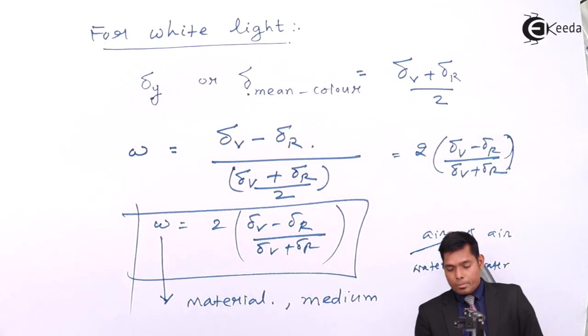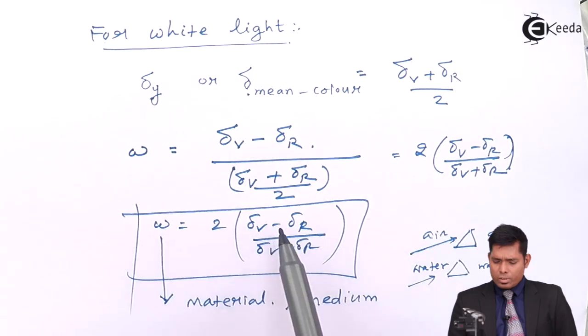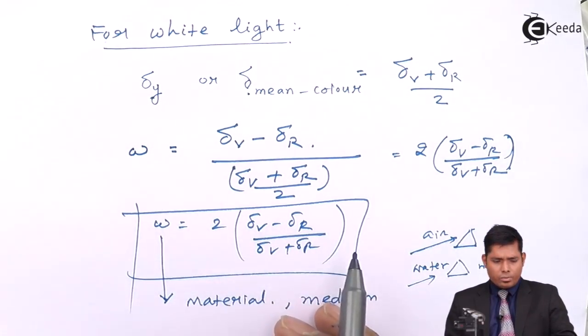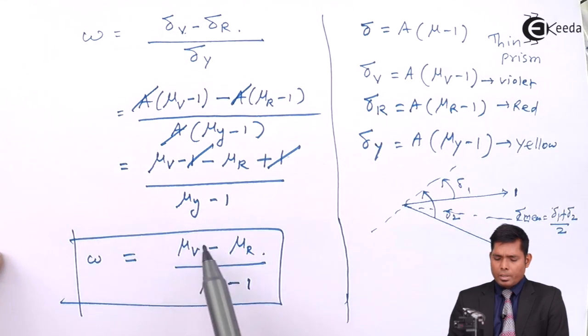In both cases, even if the same white light is used, the dispersive power will be different because the refractive index will change, as we have seen that the dispersive power is coming out to be mu v minus mu r by mu y minus 1.